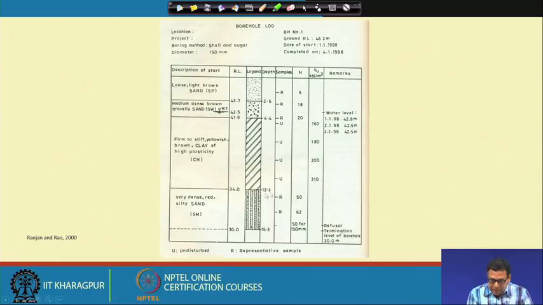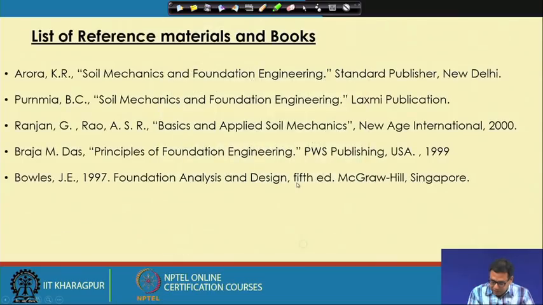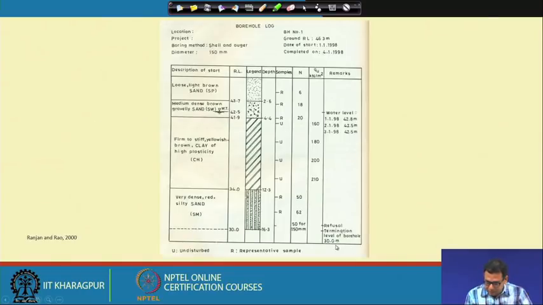Here, as it is the undisturbed soil sample, we can determine the C value, but here it is not the undisturbed soil sample, it is the disturbed soil sample. So, here we will get the N value. Finally, these are 6, 18, 20, 50, 62, 50. These are the N values. And here the refusal is given at 30 meter depth, and what the conditions for refusal are I have already mentioned.